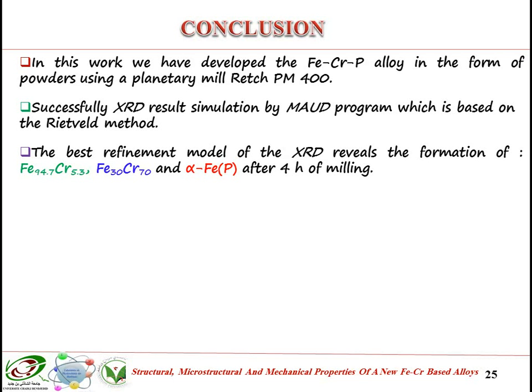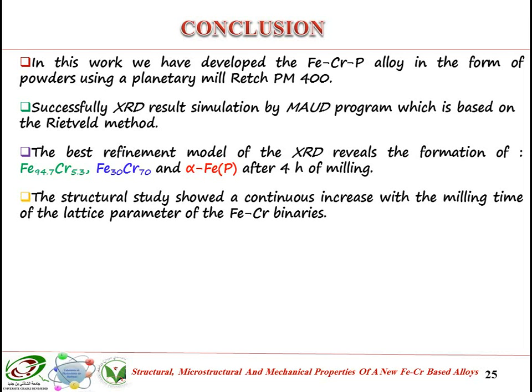The best refinement model of the XRD reveals the formation of iron 94.7 chromium 5.3, iron 30 chromium 70 and alpha iron P after 4 hours of milling.